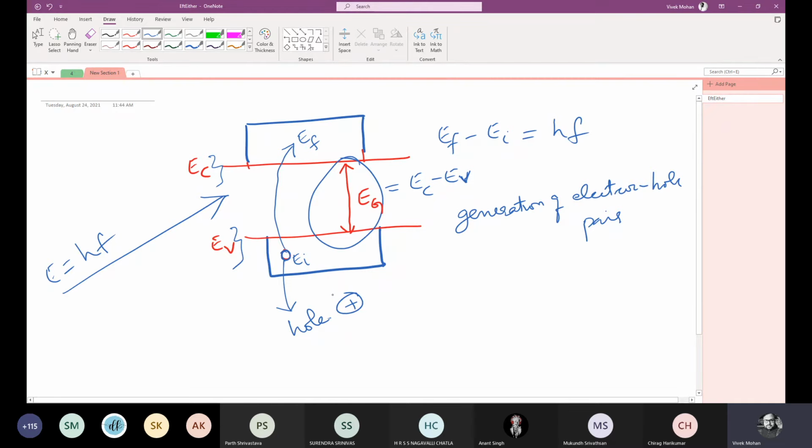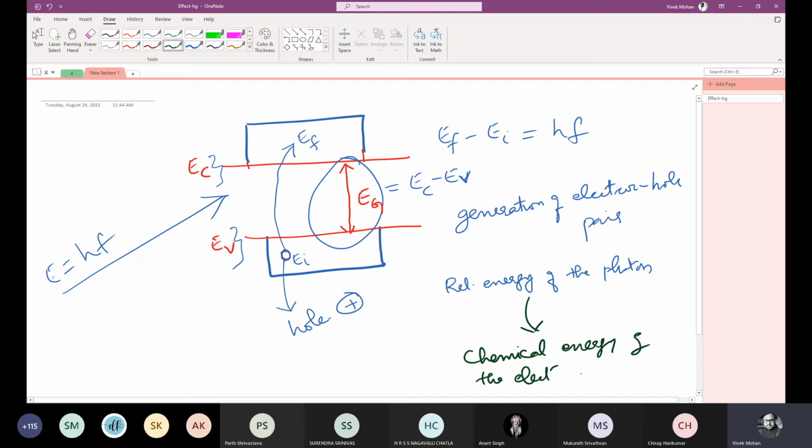The radiative energy of the photon is converted to chemical energy of the electron hole pair.